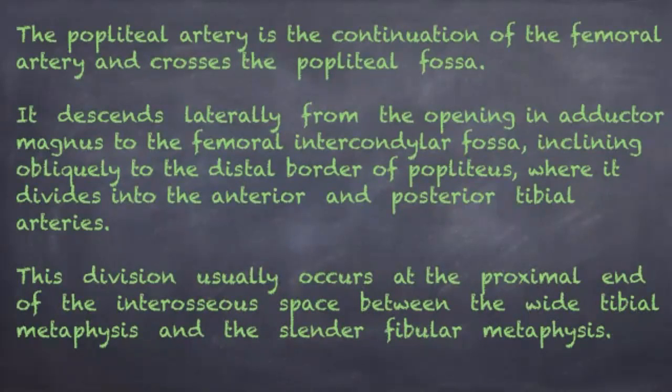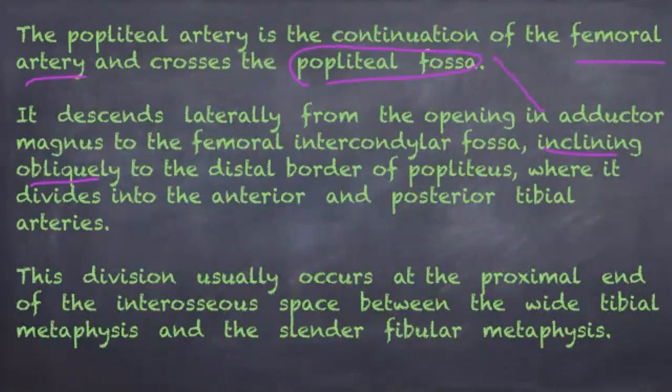The popliteal artery is the continuation of the femoral artery and crosses the popliteal fossa. It descends laterally from the opening in the adductor magnus to the femoral intercondylar fossa, inclining obliquely. This is the most important thing.